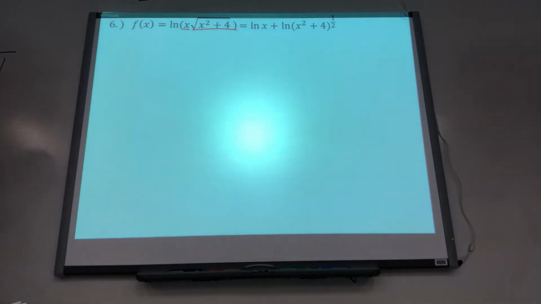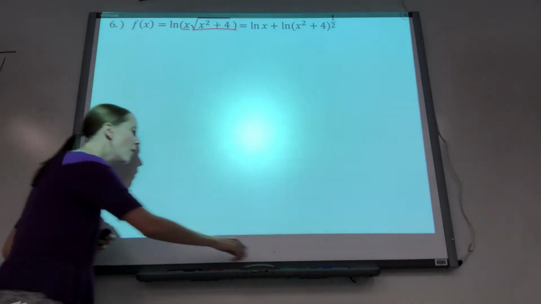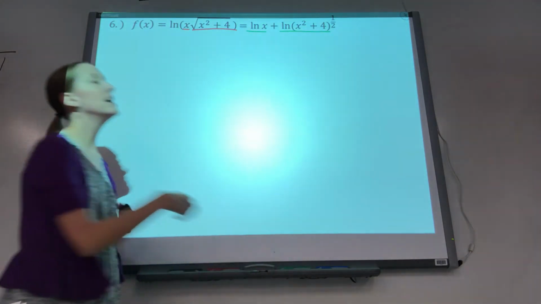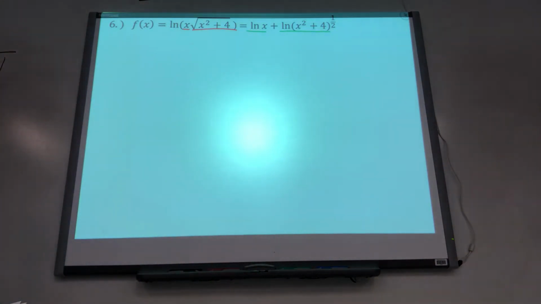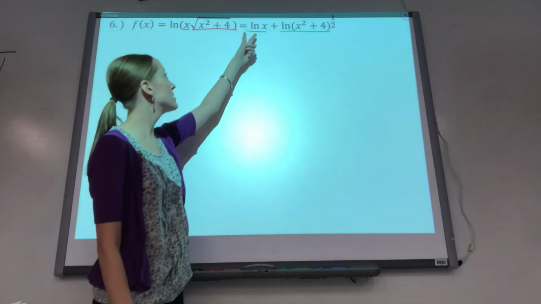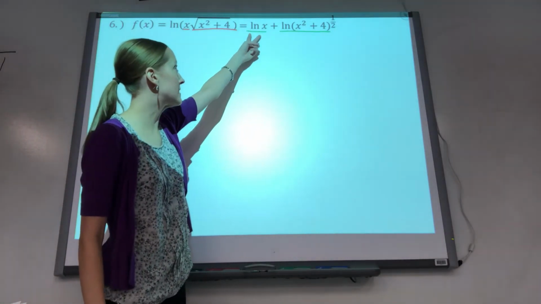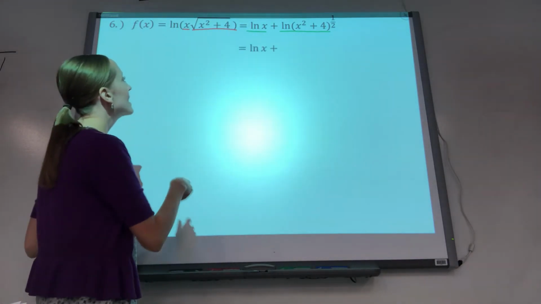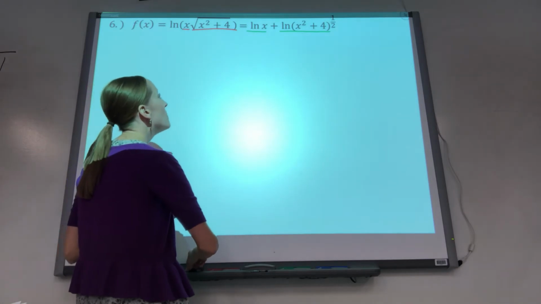I changed that from a square root to a 1/2 power. Now, when you take the derivative of a sum, you can just take the derivative of each part separately. So what was the derivative of natural log of x? 1 over x.